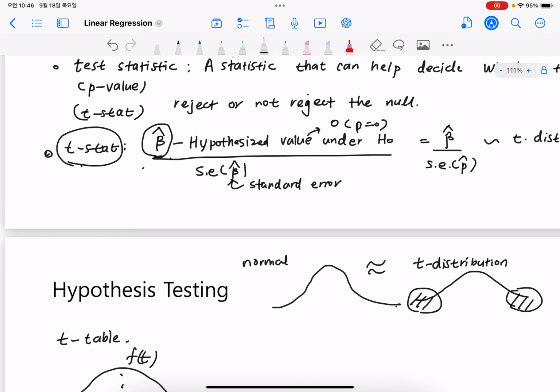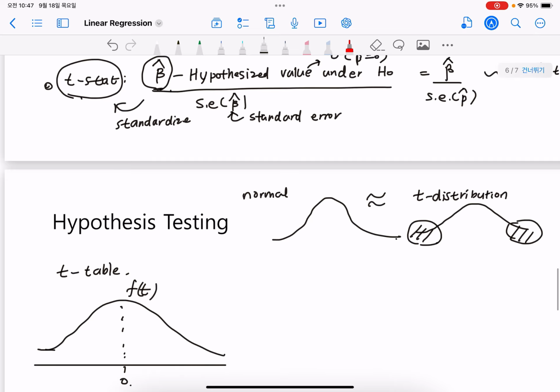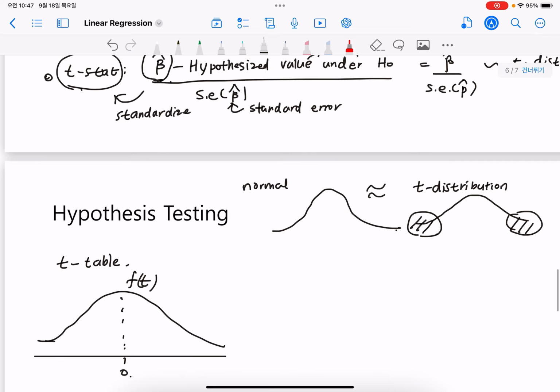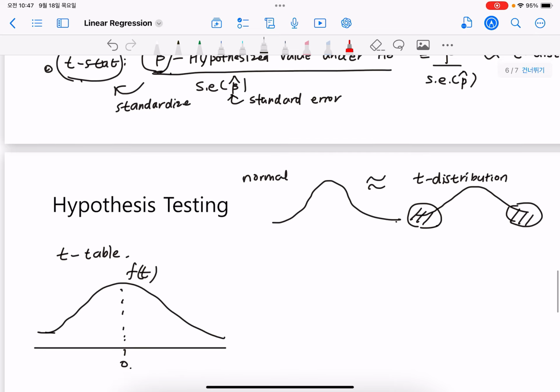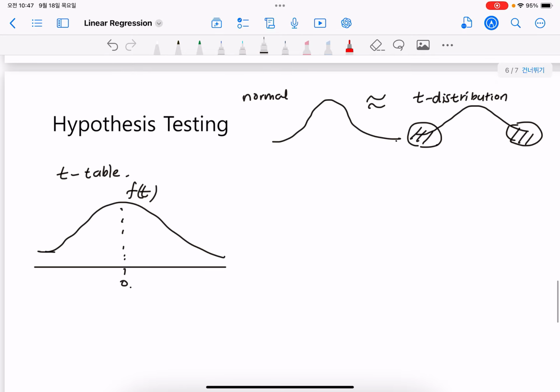So we want to standardize to the t-stat and see if our t-stat is significantly greater than 0 or less than 0, right? So I said the purpose of the null hypothesis is to reject the null, meaning we want to reject that beta is equal to 0, right?